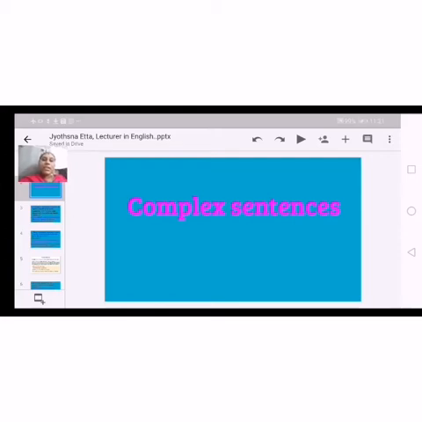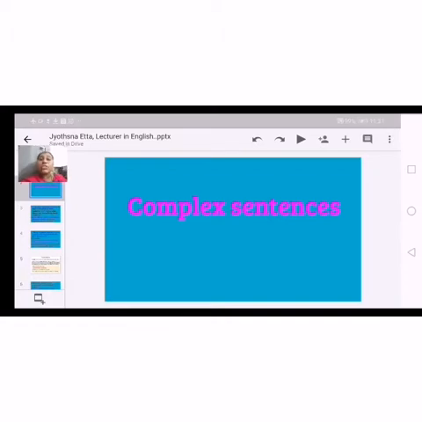Before this topic, I'm just reminding you again that yesterday I told you we have the main clause and the subordinate clause. That means the independent sentence and the dependent sentence. Independent sentence means the main clause. It doesn't need any support.